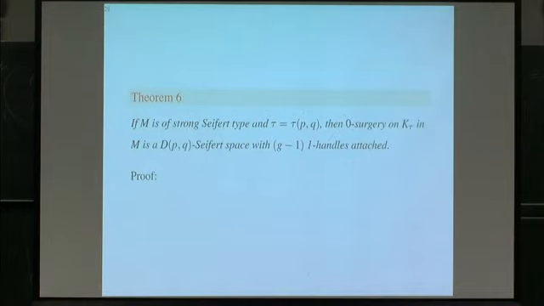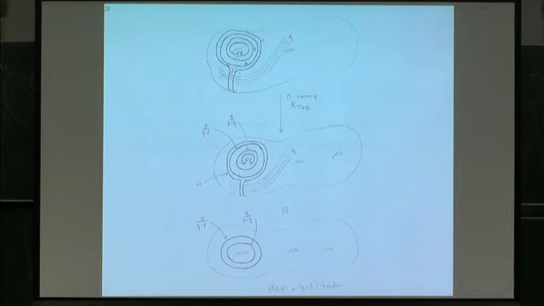Similarly, if M is of strong Seifert type, so that means I'm gluing H along this three-punctured sphere that's of Seifert type, and tau is tau PQ, then zero surgery on K tau is this Seifert fiber space over a disk with two exceptional fibers with one handles attached. And so that's this picture. So remember, these are the Seifert pairs we've been looking at. I have A and B, they're parallel on the boundary, and they also represent primitive curves.